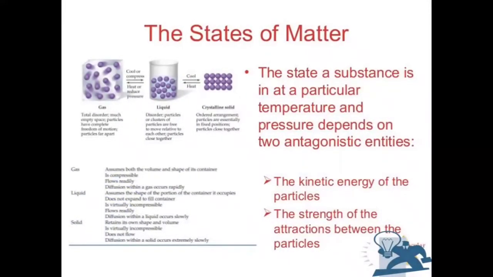The state a substance is in at a particular temperature and pressure depends on two antagonistic entities, which are the kinetic energy of particles, or yung movement of the particles, how fast it moves, and the strength of the attraction between the particles. Once it collides, how strong the attraction within.